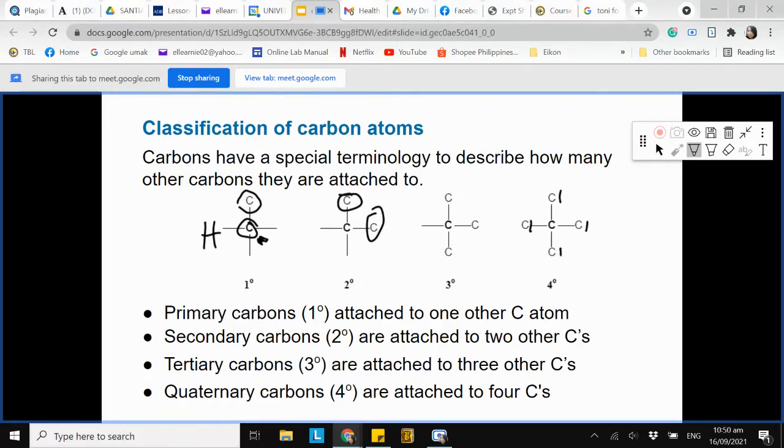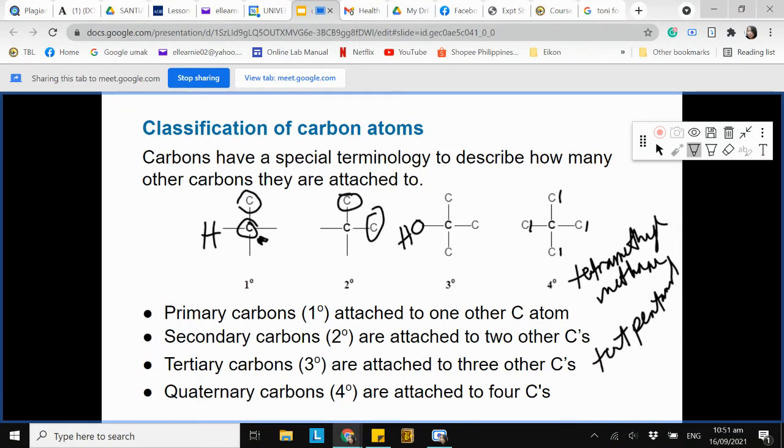Kung tatlo yung chlorine mo, pwede natin tong tawaging tetramethyl methane. And then here, let's say this is hydroxide. This is tertiary pentanol.